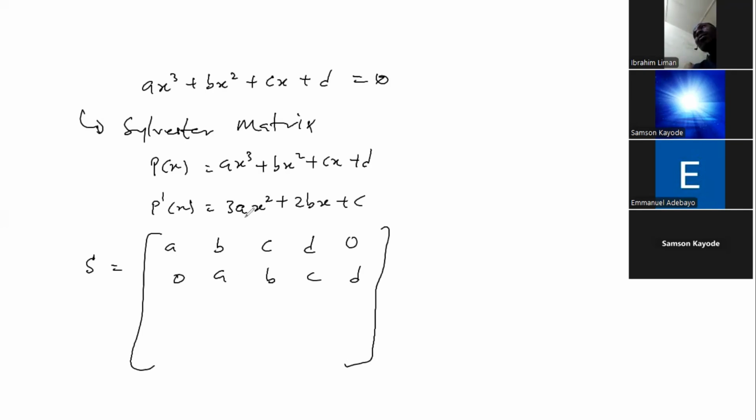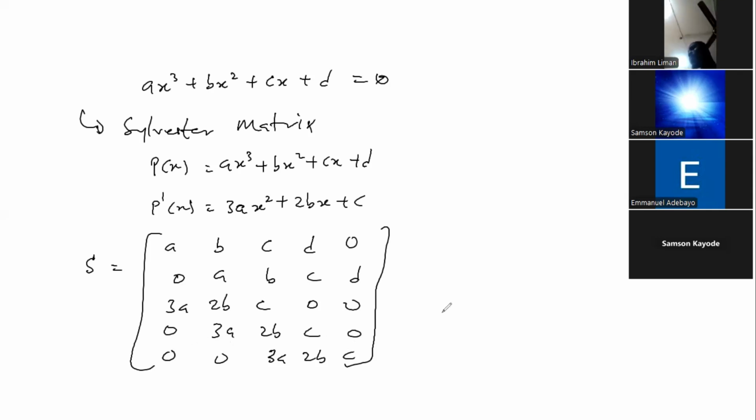And then we have 3a, 2b, c, 0, 0. Then 3a, 2b, c, 0. Then we have 3a, 2b, c, 0, 0. So now, once we find the determinant of this, this is going to give us the discriminant.